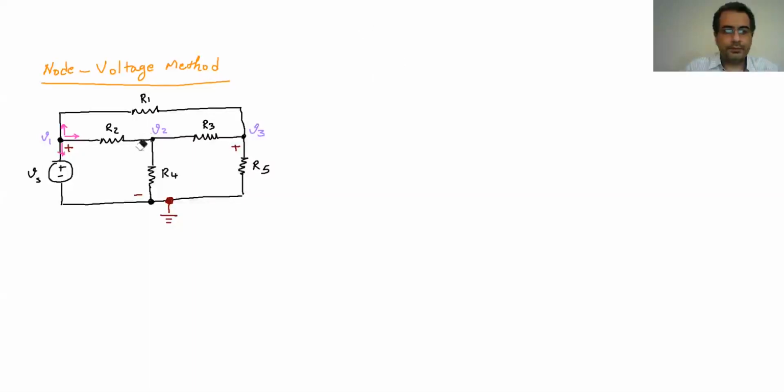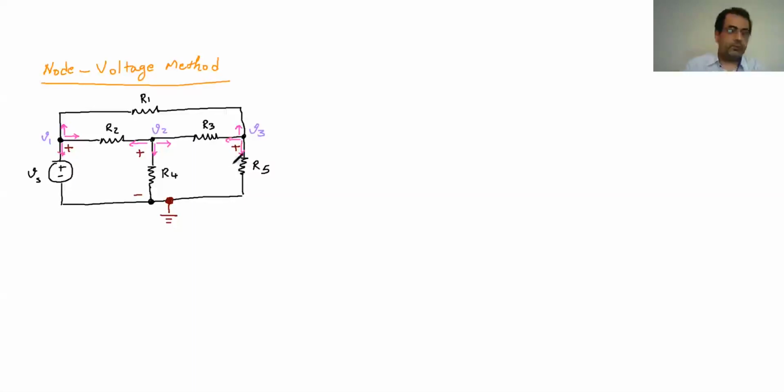Assume all the currents leave that node. The same here, assume all the currents leave that node. We don't need to worry about that; the one that is not right would come out negative. So this is what we are going to do.